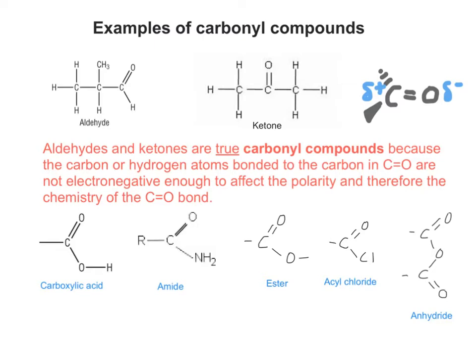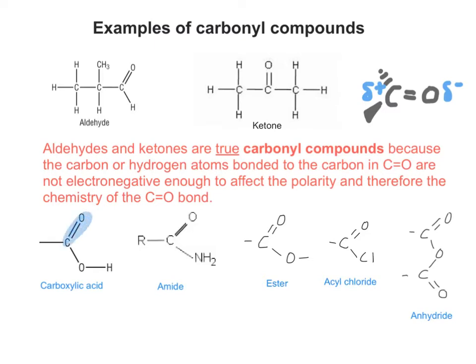In the examples further down, all of which you'll come across in A-level chemistry, you'll see that there's actually another atom that's bonded in each case. It might be an oxygen, a nitrogen, a chlorine, for example. All of these are electronegative atoms, and therefore what they're going to do is affect the polarity of the carbon-oxygen double bond.